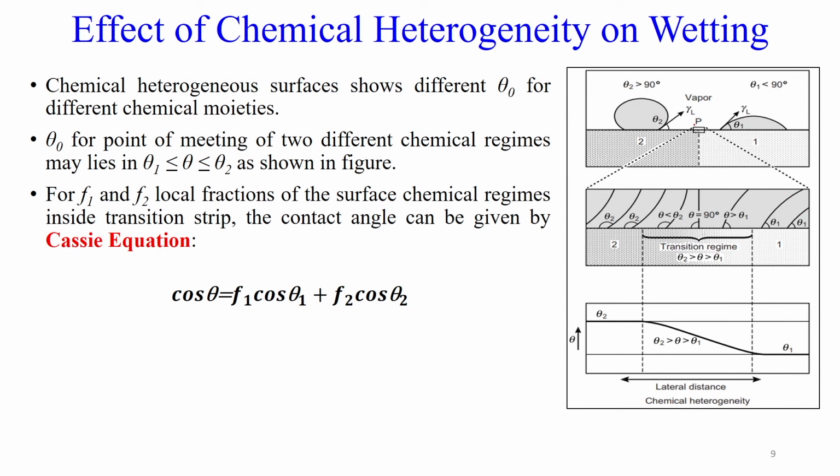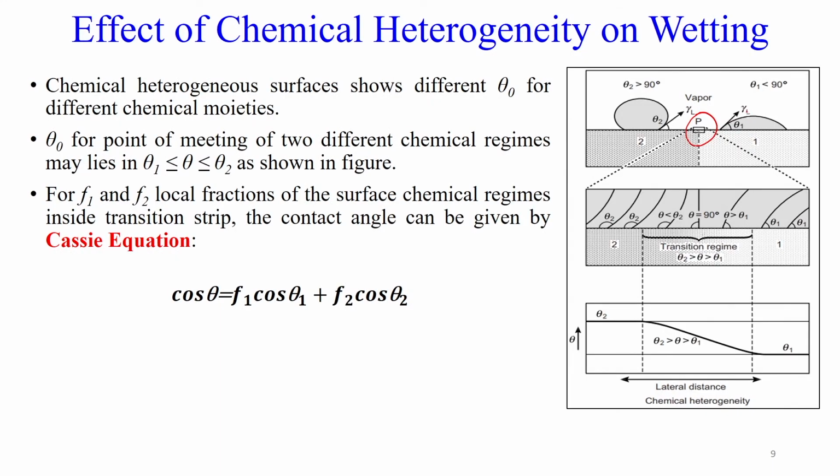If you specifically zoom in at this area where the surface has a mixture of these two moieties, the contact angle will slowly go from hydrophobic towards hydrophilic. The wettability will be intermediate between the two chemical moieties. So, considering this, the surface energy will have the contribution of the surface energy of one as well as the surface energy of two.